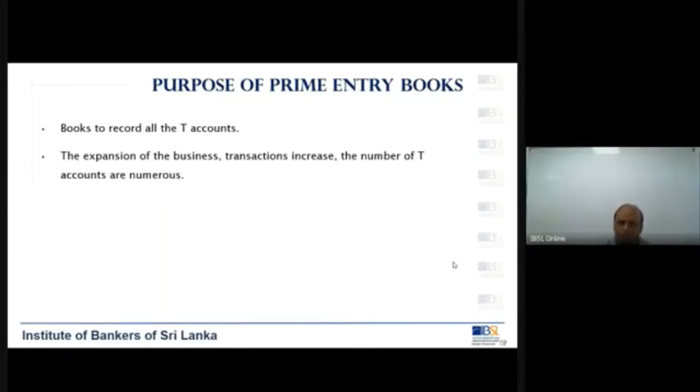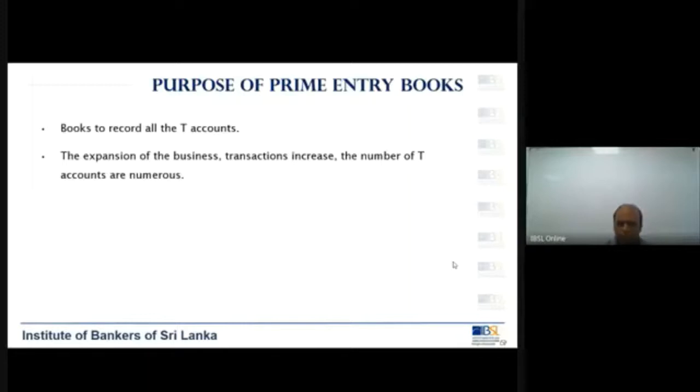A customer banking with you might have several accounts. He might have 5 savings accounts, 2 current accounts, several fixed deposits, several loan accounts.